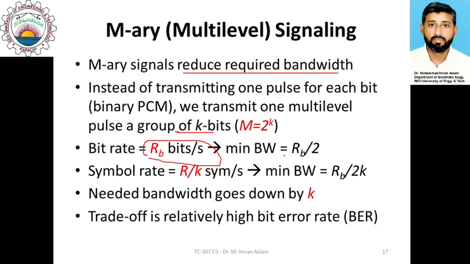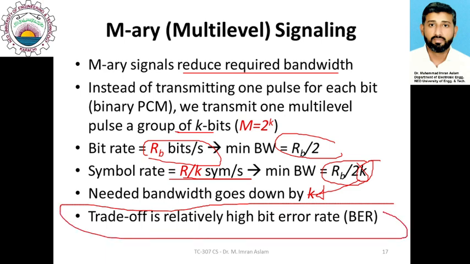The symbol rate is given by Rb by k, so the bandwidth is Rb by 2k. The need for bandwidth is reduced by a factor of k. However, we have a trade-off: the overall bit error rate is increased.